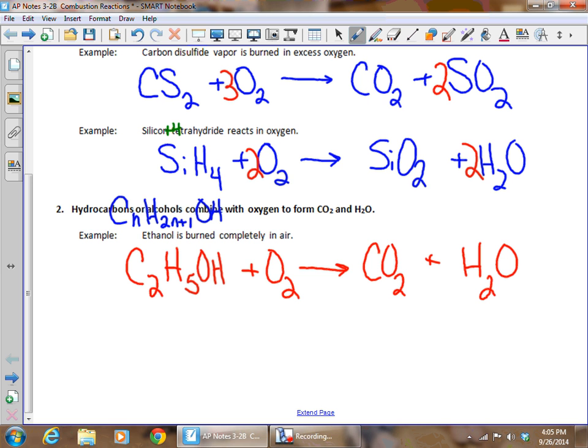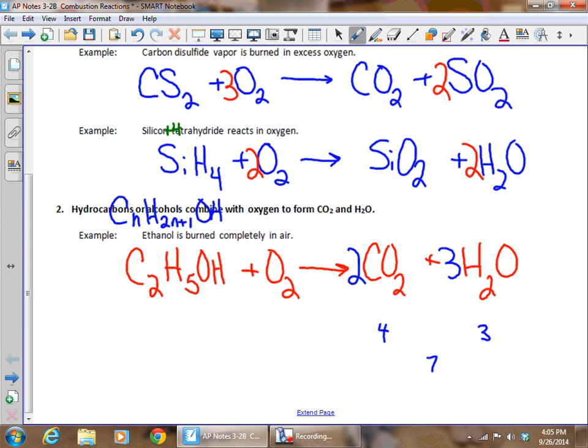Now when we balance it, it looks like we're going to need a 2 in front of the carbons to balance them. And to balance the hydrogens, we've got 6 from our alcohol, so we're going to need 3 over here. That's going to give us 2 times 2, 4 oxygens from the CO2 and 3 from H2O. That's 7 oxygens.